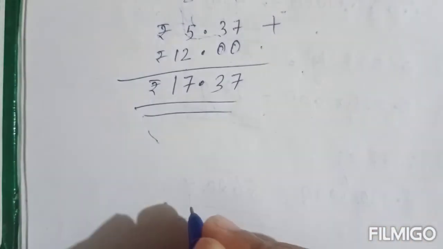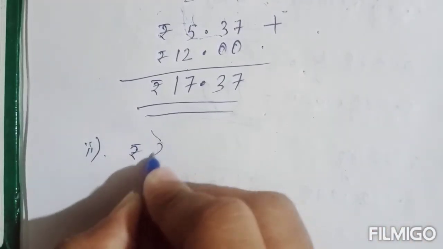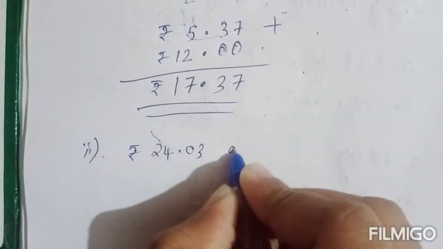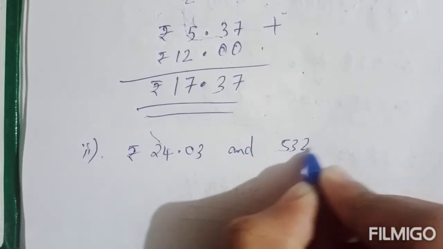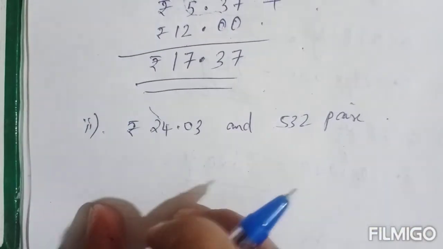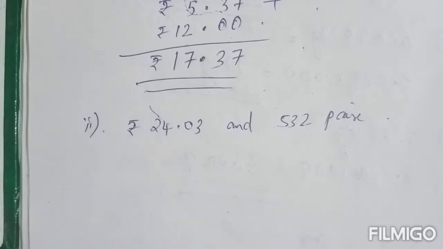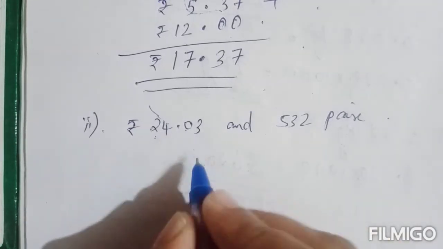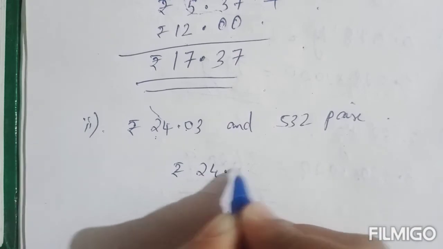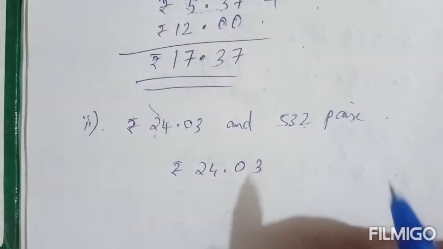Now in that second one, rupees 24.03 and 532 paise. So rupees you can write before decimal point and paise part after decimal point. Rupees 24.03, then 532 paise.